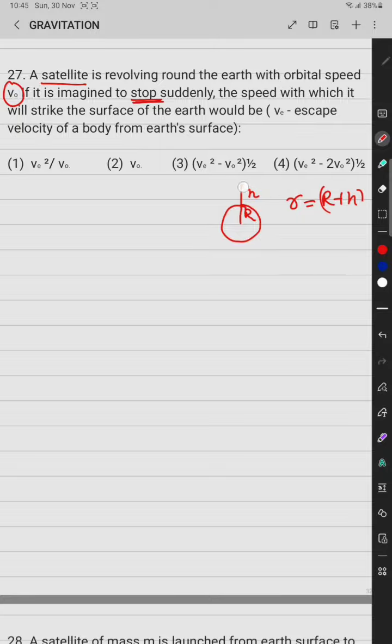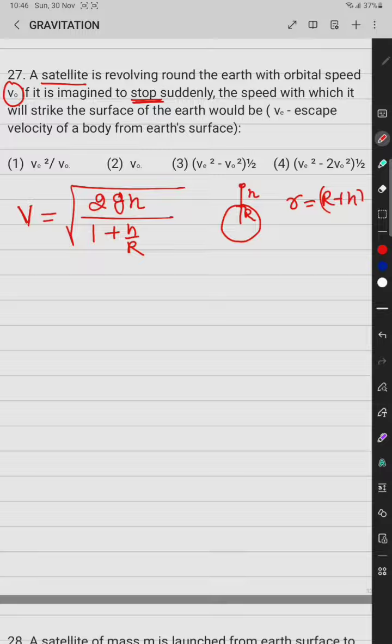So it means if we drop a particle from height h, what will be its speed on the ground? The velocity of the particle on the ground is under root of 2gh, but this height is not negligible, so it is 1 plus h by r. Now this is the velocity of the satellite on the ground. Now we express this velocity in terms of escape velocity and orbital velocity, so we can say it is multiplied by r.